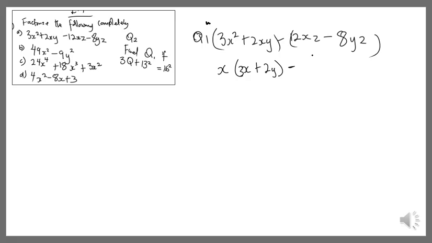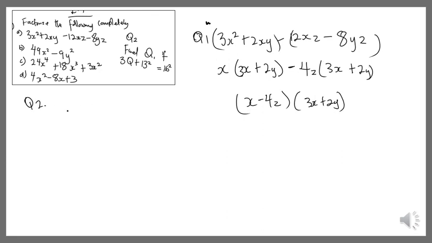So 4 will come out, and among the variables, which one is the common factor? It is z. So 4z, and what is going to be left? 3x plus 2y. So what are we going to get in the end? (x minus 4z)(3x plus 2y).